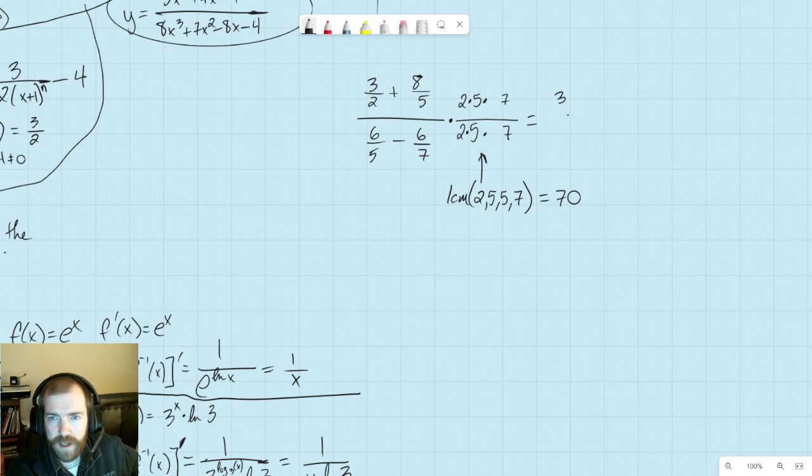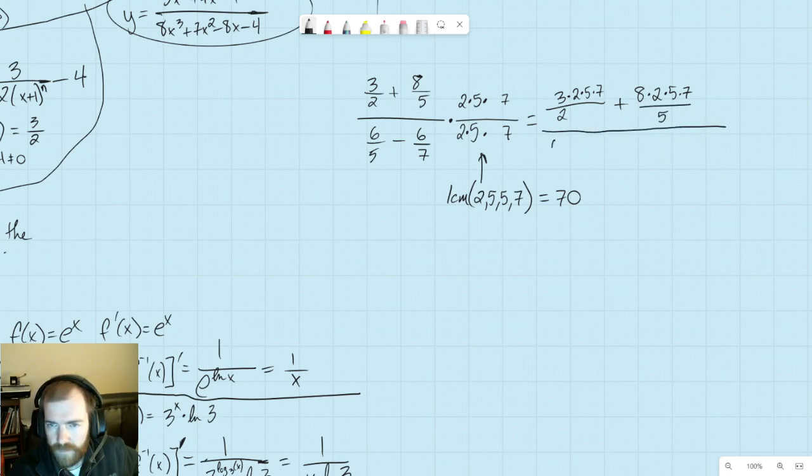So this is going to be a 3 divided by 2, and the 3 is going to be multiplied by a 2, a 5, and a 7, plus 8 multiplied by a 2, a 5, and a 7 over 5, divided by 6 times a 2, a 5, and a 7, all over 5, minus 6 times a 2, a 5, and a 7, all over 7.